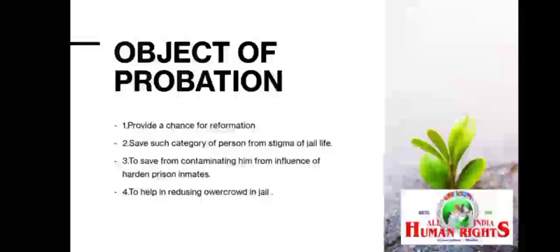And the third one is to save from the contaminating influence of hardened prison inmates, which means when a person is in the prison, there's a theory like survival of the fittest. So when a person is living with offenders, his character may be influenced by the wrong behavior of the offenders.